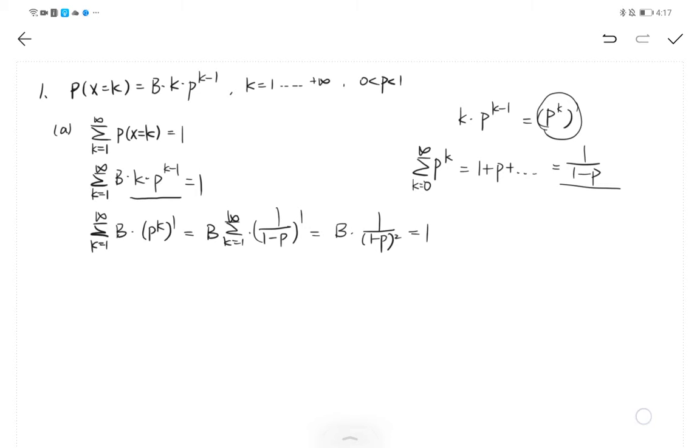So we can get b equals (1 minus p) to the power 2.